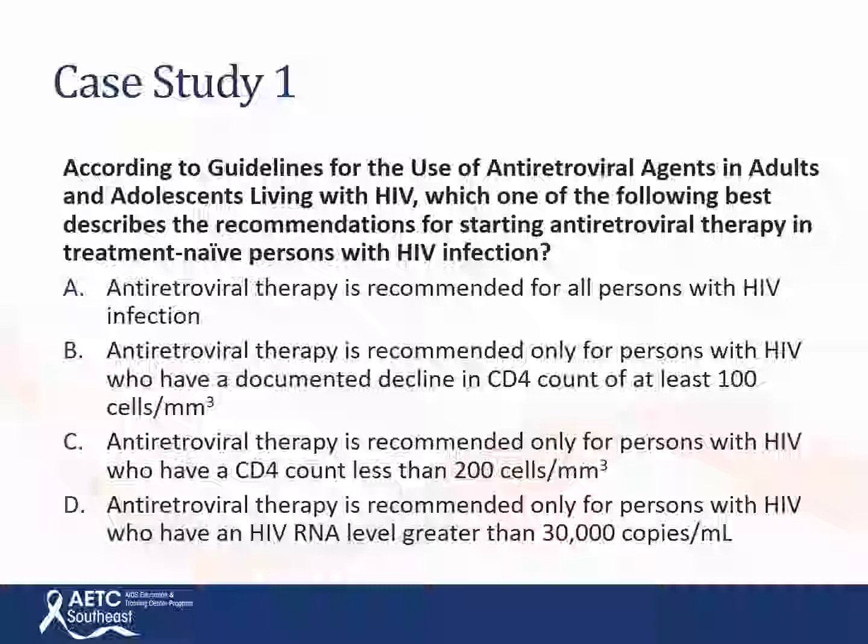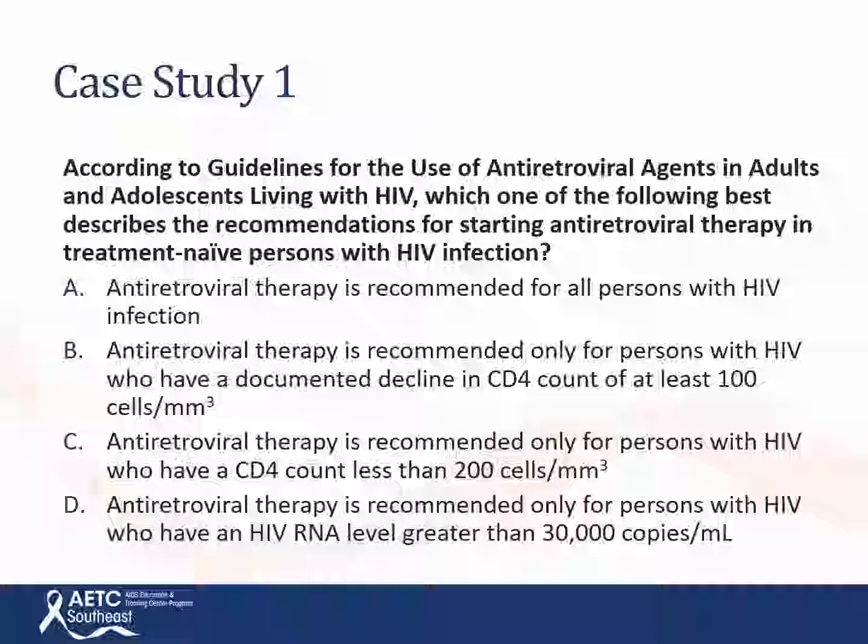B. Antiretroviral therapy is recommended only for persons with HIV who have a documented decline in CD4 count of at least 100 cells per millimeter. C. Antiretroviral therapy is recommended only for persons with HIV who have a CD4 count less than 200. Or D. Antiretroviral therapy is recommended only for persons with HIV who have a viral load greater than 30,000.